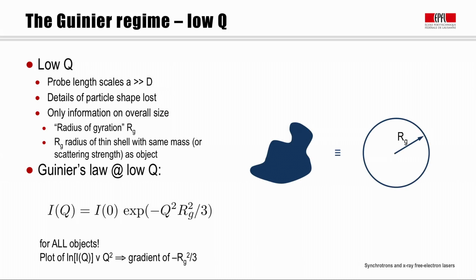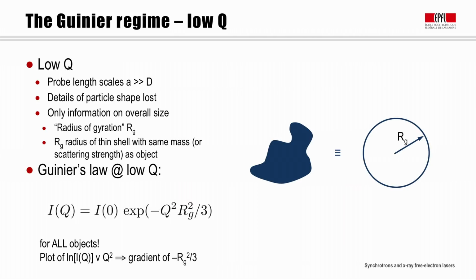Now, this radius of gyration is actually equal to the radius of inertia in classical mechanics, and is the radius of a spherical shell of zero shell thickness, but having the same mass, or more accurately here, the same scattering power as the object under investigation.